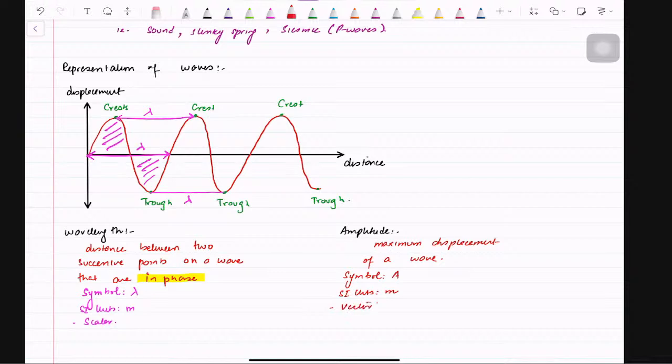The reason is that it's displacement, and you can find it from this position, this line, which is the mean or equilibrium of a wave. From here you can go to the top like this to find amplitude, or from this to a trough, that is also amplitude. Understood? Yeah. Good.